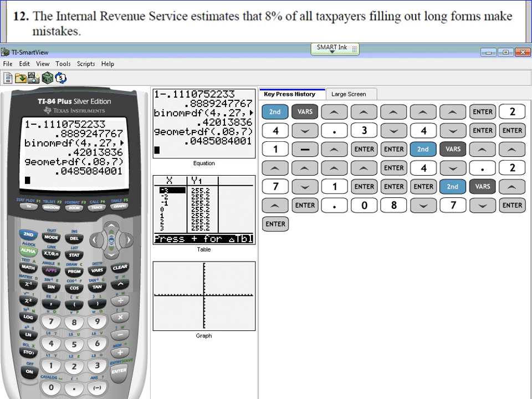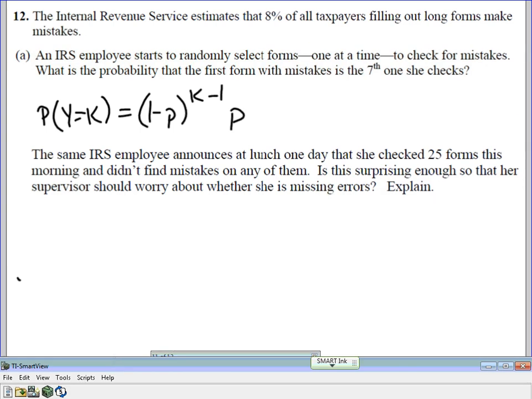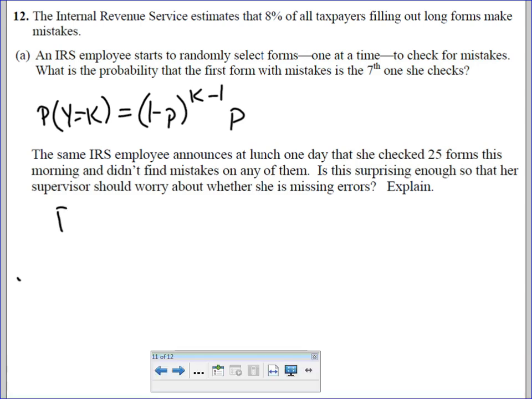Okay, so let's do the second one. This one promises to be a little trickier. The same IRS employee announces at lunch one day that she checked 25 forms this morning and didn't find mistakes on any of them. Is this surprising enough that her supervisor should worry about whether or not she's missing errors? So the probability of no mistakes. What's the probability that one will not have a mistake?